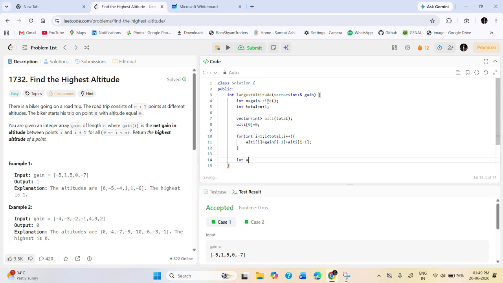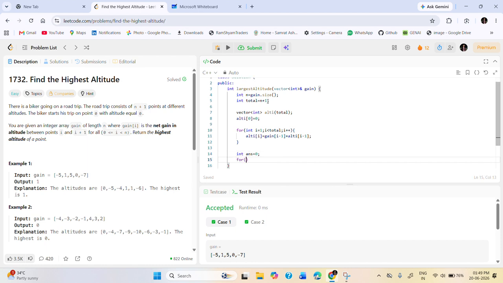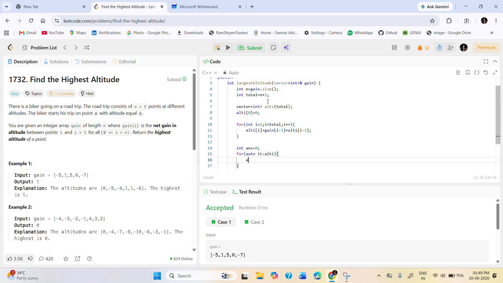So we have to find the maximum altitude here. Okay, so the initial answer will be 0, and we will iterate over this altitude array now. Answer will be the maximum of answer and altitude[i].